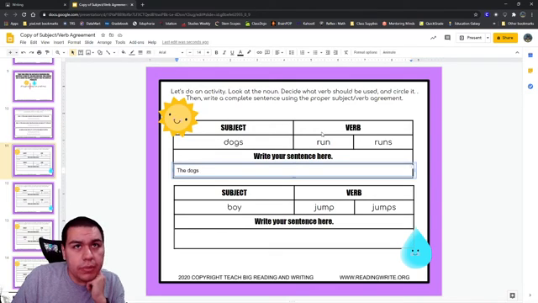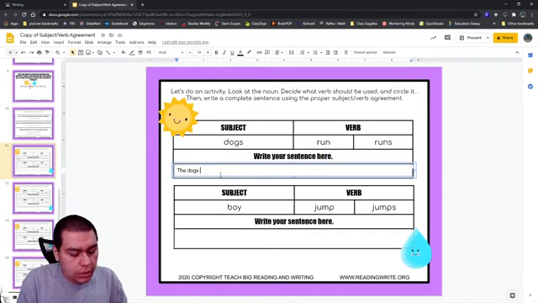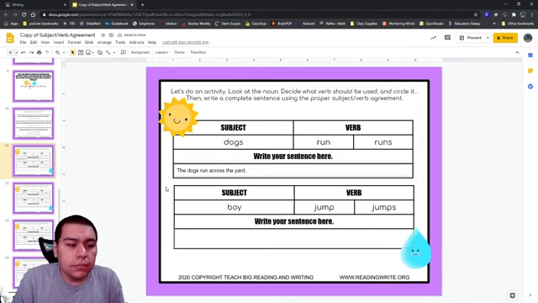In that case, that would be this, run. The dogs run, and then I just need to finish that sentence. The dogs run across the yard. So that's all we're doing on these slides.